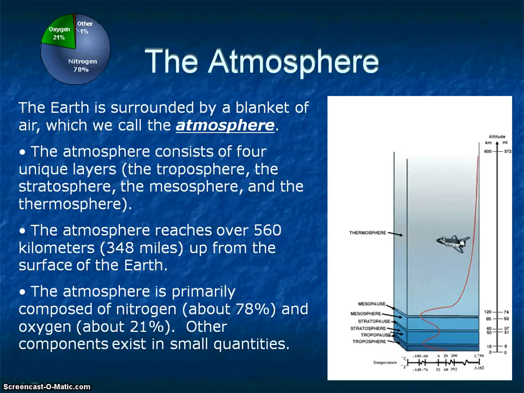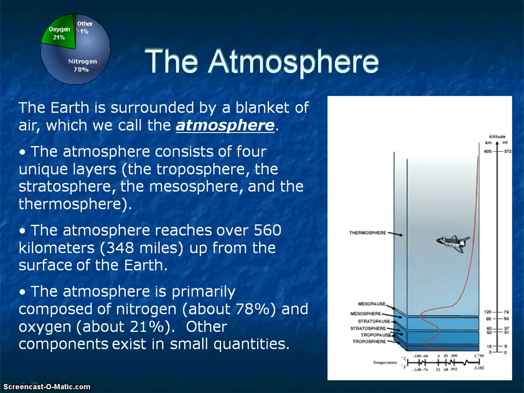From ground up, the atmosphere is about 348 miles thick. And the higher up you go, the less dense the atmosphere becomes, the more dispersed the particles of the atmosphere become, and obviously the cooler the atmosphere becomes.